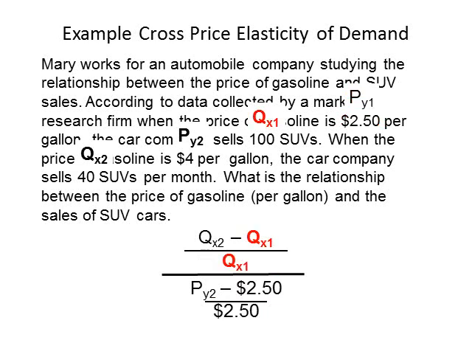Next, find QX1 in the problem and in the formula. Since 100 SUVs are associated with QX1, 100 SUVs will be substituted into the formula. Once QX1 has been substituted in the formula, you will need to locate PY2 in the problem and in the formula.